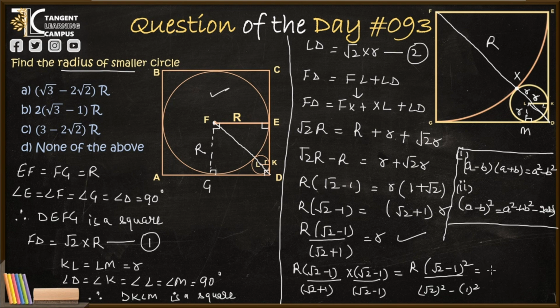So we get this as R times 2 plus 1 minus 2 root 2, applying the above identities, upon 2 minus 1. So further solving it, we get R times 3 minus 2 root 2 upon 1, that is equal to R within bracket 3 minus 2 root 2, which is our answer. So here option C is the correct answer.